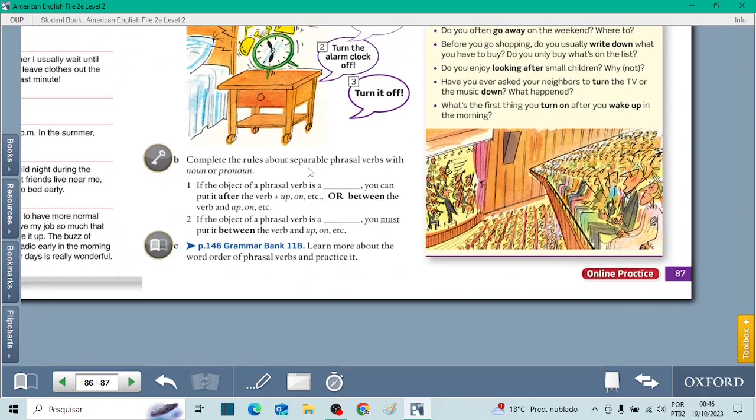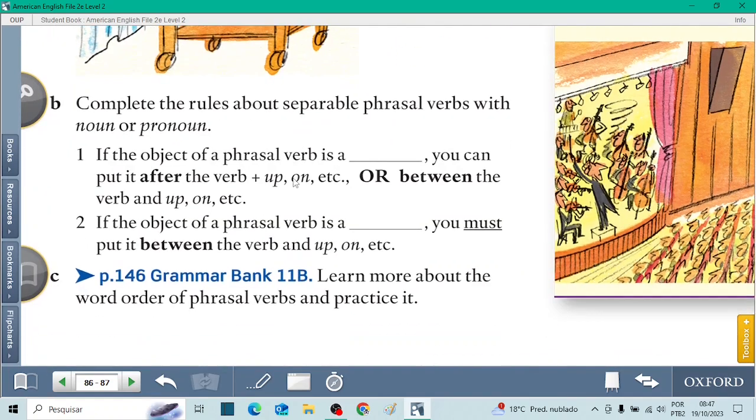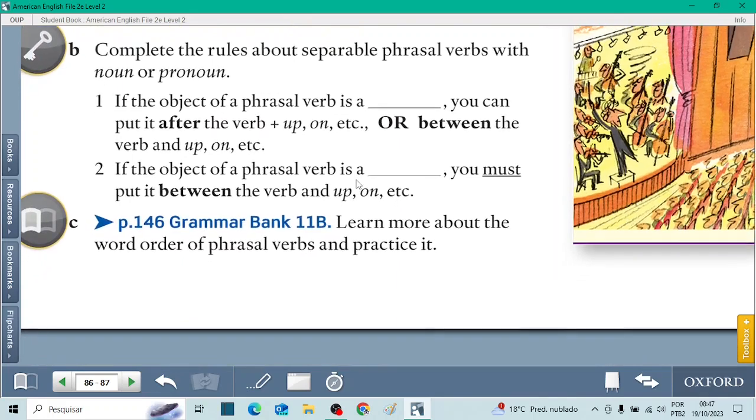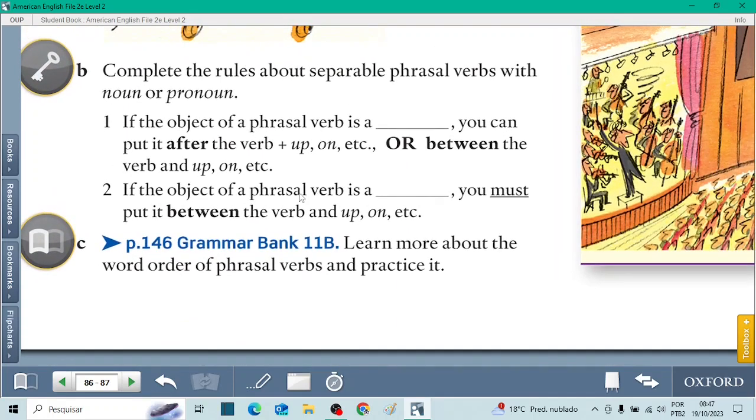Fantastic. So now in letter B, you will complete the rules about separable phrasal verbs with nouns or pronouns. Pause the video and read, then answer them. Checking your answers. So here, if the object of a phrasal verb is a noun, you can put it after the verb plus up, on, and the particle, okay?